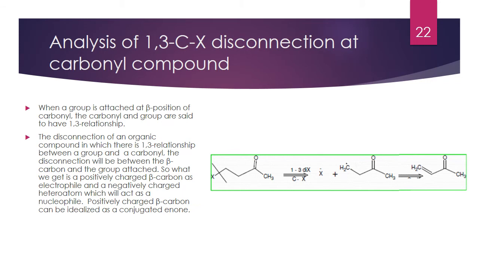For converting into a useful entity, this can be converted into an equivalent substrate by considering it as an alpha beta unsaturated system. As you know, because of resonance, the beta carbon becomes positively charged, so we can have a positive charge because of resonance here. There's no need to attach a halogen here. So upon reaction of an X negative, which is a nucleophile, with this alpha beta unsaturated system, we can get our desired product like that.